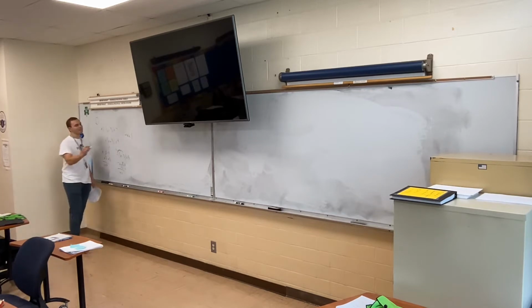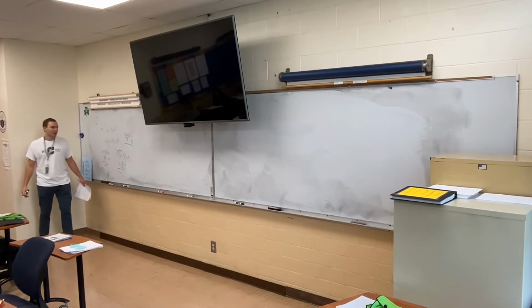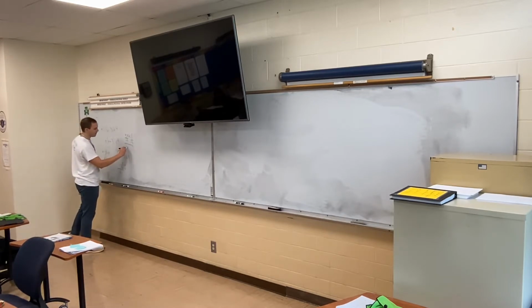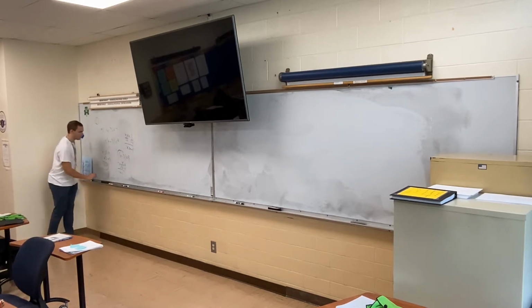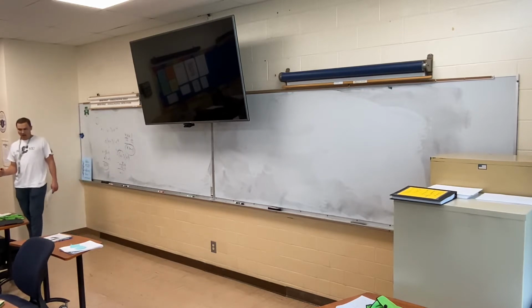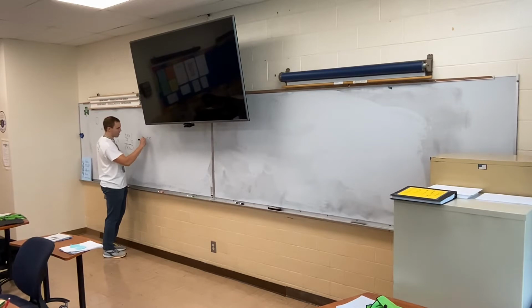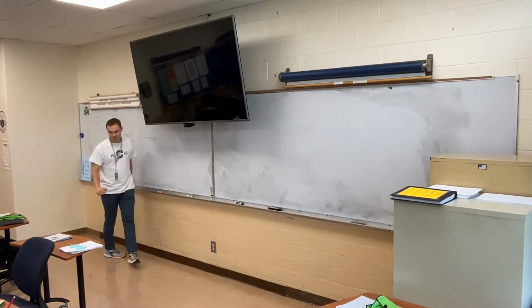I have to divide both sides by negative 1. What do I do when I multiply or divide by a negative? I flip the inequality symbol. So x is greater than negative 1. Here are my 2 solutions. I want all the x that are greater than negative 1 and less than 7.